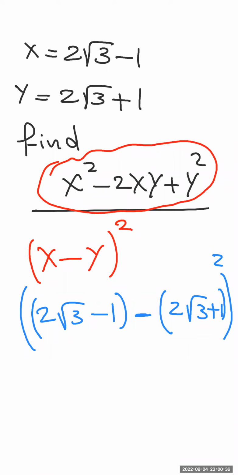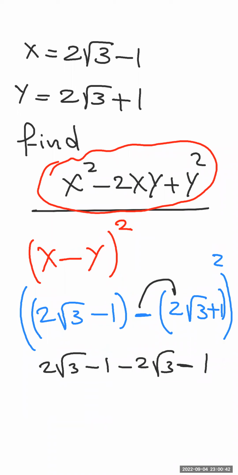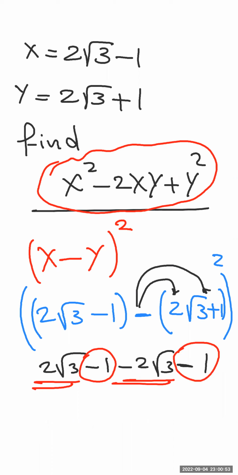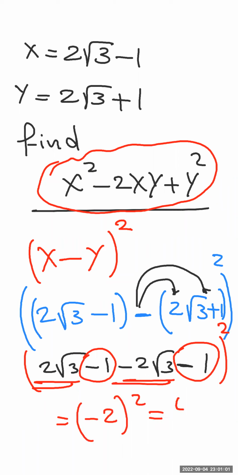Now guys, this is 2 square root of 3 minus 1 minus 2 square root of 3 minus 1, right? Because of the minus here and again here. So to simplify these terms, 2 square root of 3 minus 2 square root of 3 is 0, negative 1 minus 1 equals negative 2, and of course all of this is to the power 2. So it will equal negative 2 to the power 2, which means it will equal 4.